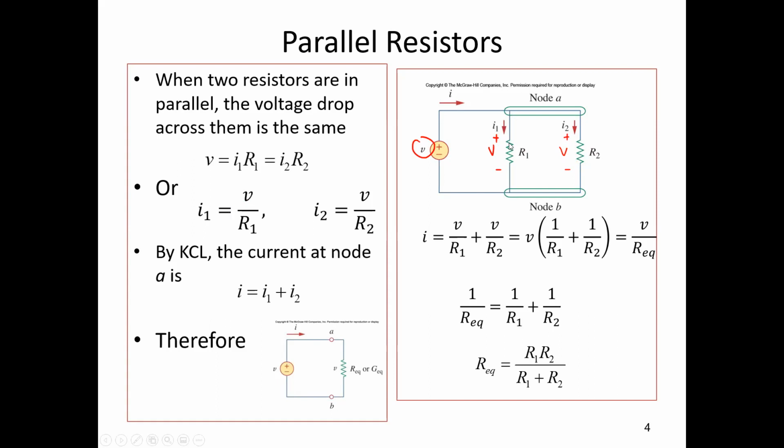I1 is the branch current flowing through resistor 1, and I2 is the branch current through resistor 2.